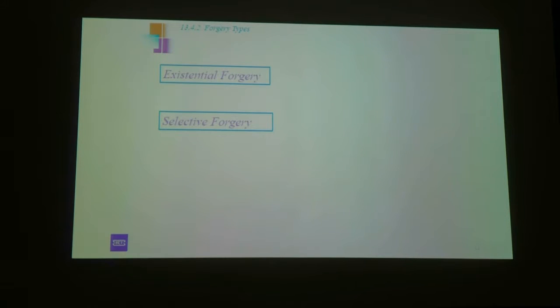The second one is the known message attack. Eve, the evil, has access to one or more message and signature pairs.